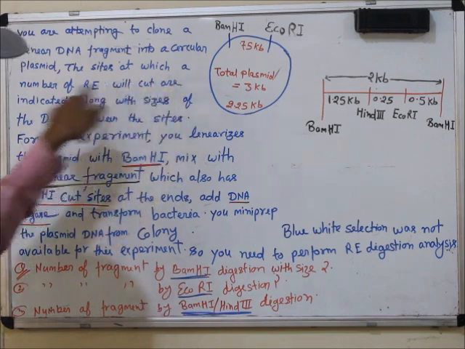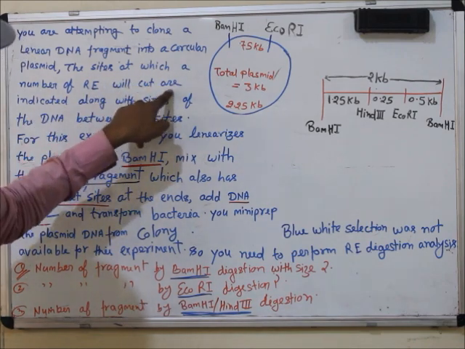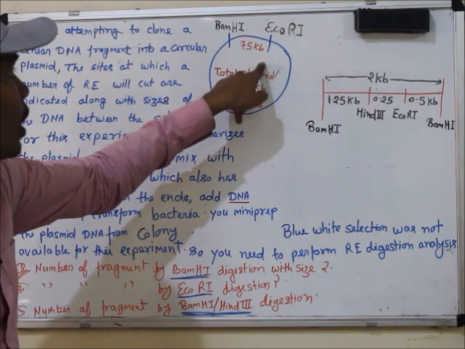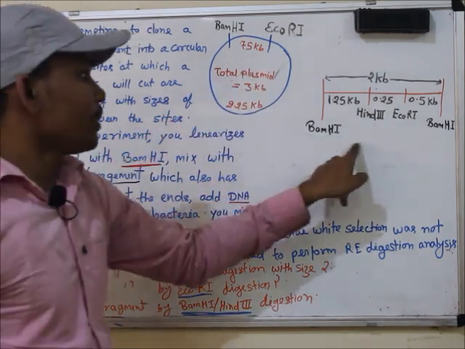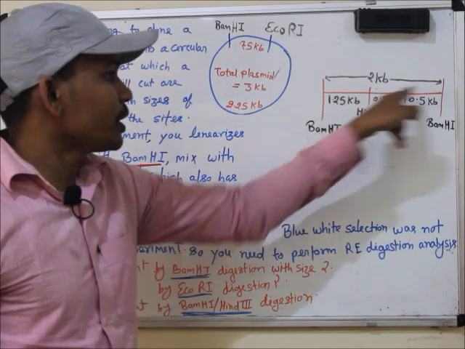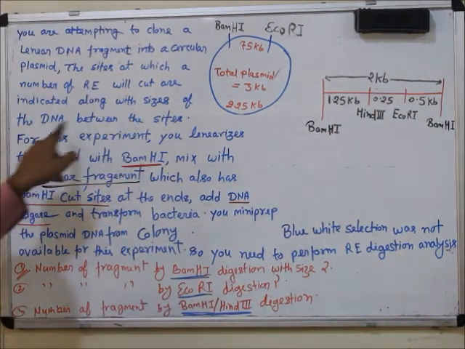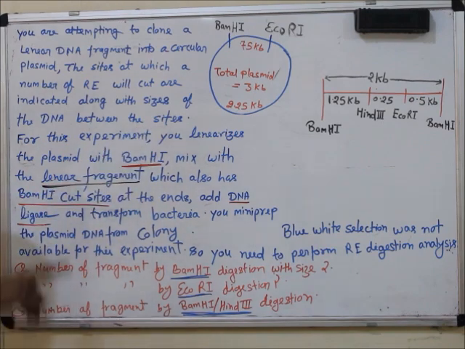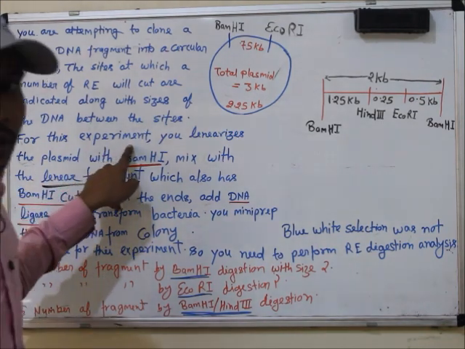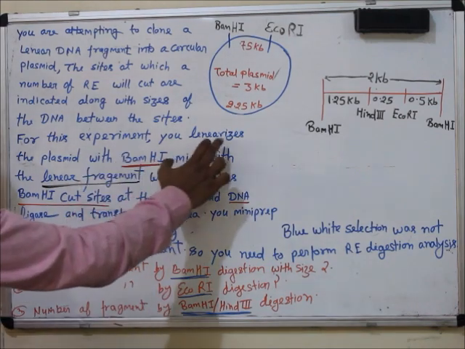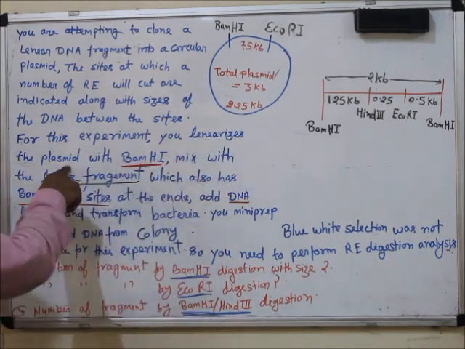The sites at which a number of restriction endonucleases will cut are indicated, that is the BamHI site, the EcoRI site, and the HindIII site within these fragments, along with the size of the DNA between the sites. For this experiment, you linearize the plasmid.